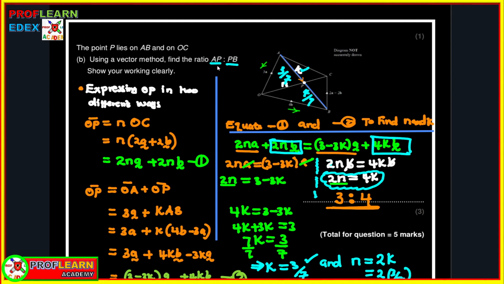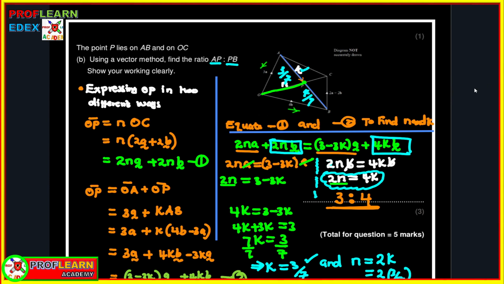Now, you are supposed to use the vector method to find the ratio AP to PB. In order to do that, we are going to express OP in two different ways.